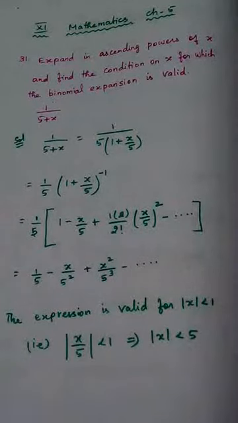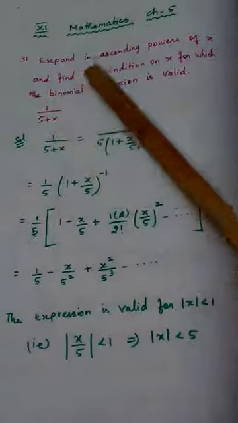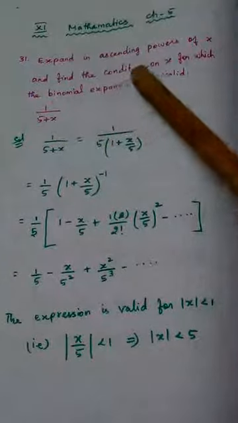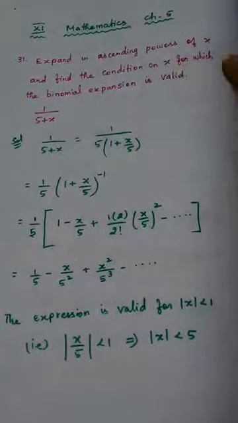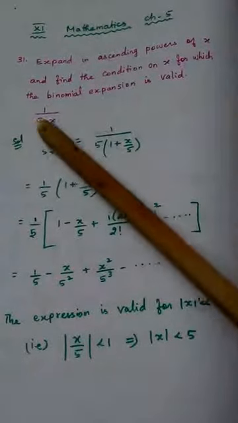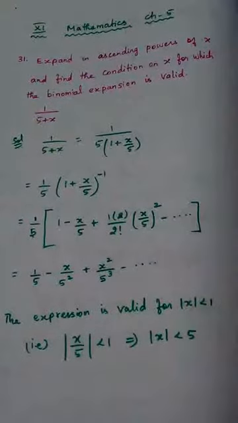Question number 31. Expand in ascending powers of x and find the condition on x for which the binomial expansion is valid, and the term given is 1 by (5 plus x).